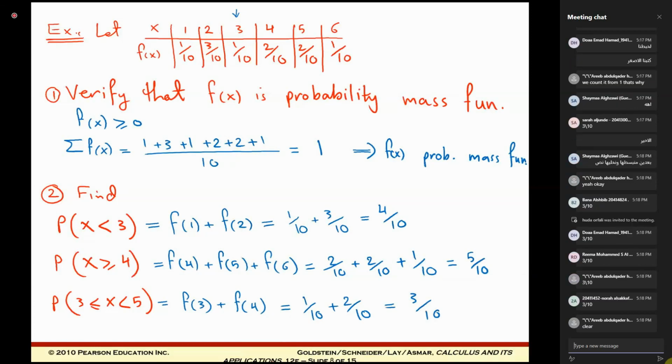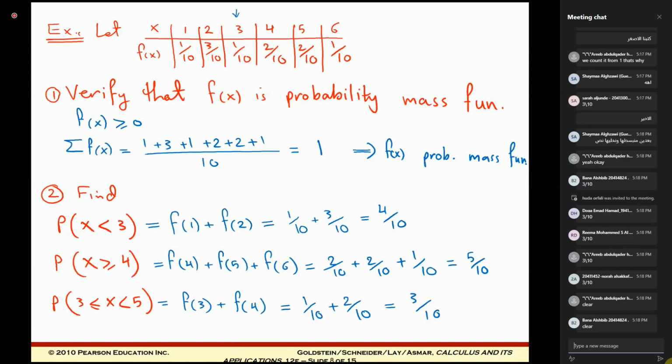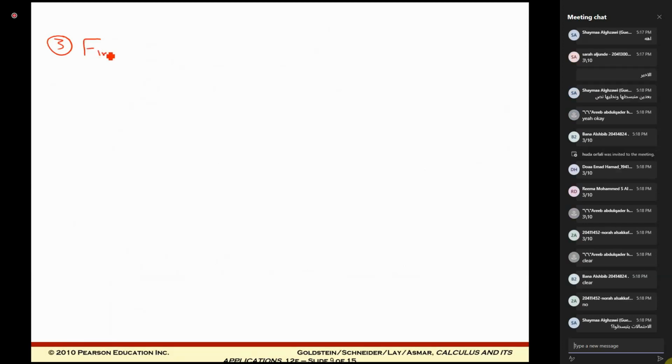Any question? Okay. If we need to find the cumulative f, capital F, number 3, for example, in the same example, find capital F of x. The solution: look at the f of x, x and f of x. 1, 2, 3, 4, 5 and 6.